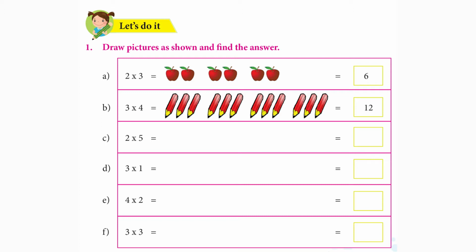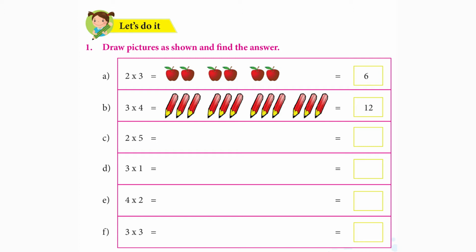Okay, so how did we get the 2 into 3? That is 2 apples and 3 sets. That is set number 1, 2. Remember, we saw in the previous page that the multiplication should be in groups of equal sizes.